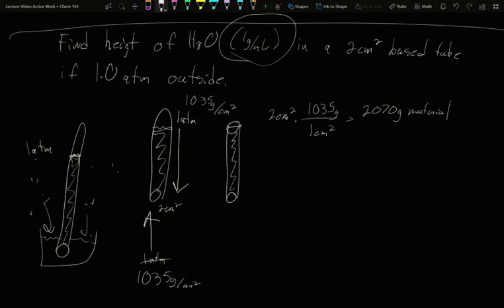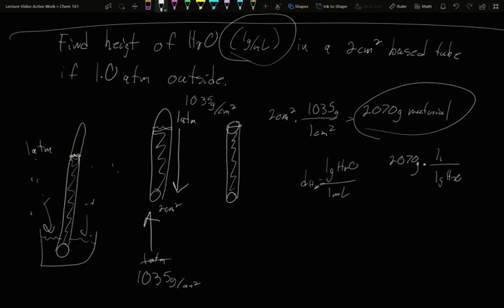Well, we know the density of water. 1 gram of water is 1 milliliter. I have my grams, I can find my milliliters. 2,070 grams is the weight my liquid must be. I know that for every 1 gram of water, it must be 1 milliliter. So this tells me I must have 2,070 milliliters of water. That is the total volume.